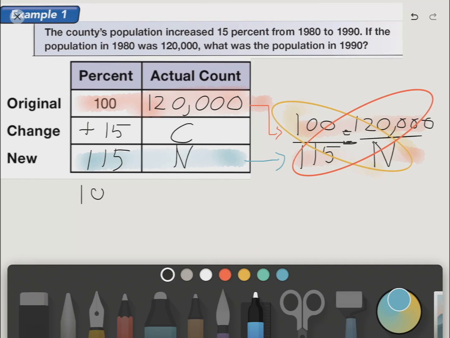Well, we'll have 100 n on one side of our algebraic equation equals 120,000 times 115. And for the purpose of not sitting here too long, I'll just do spoilers. It's 13,800,000.